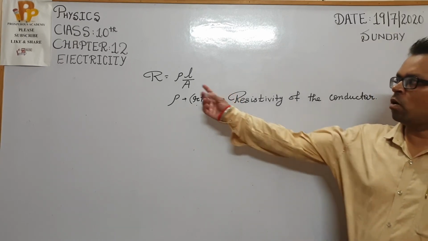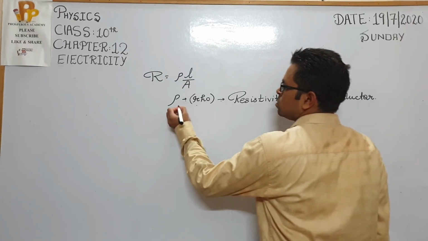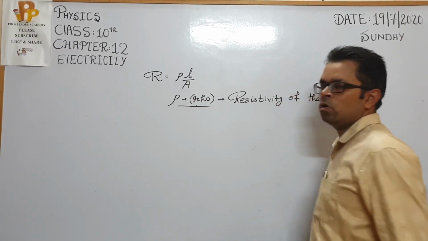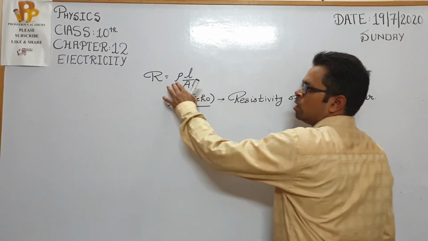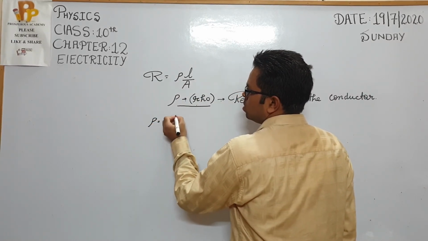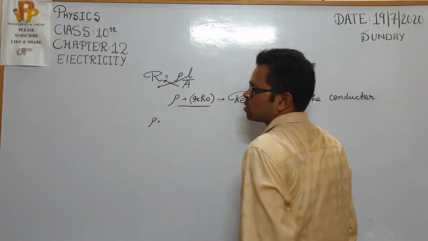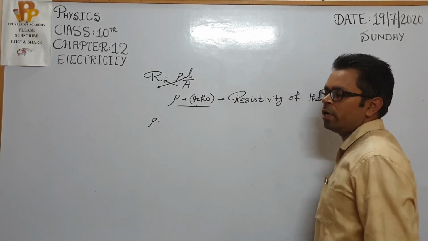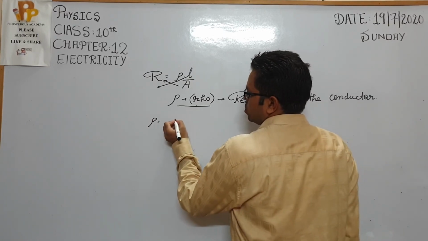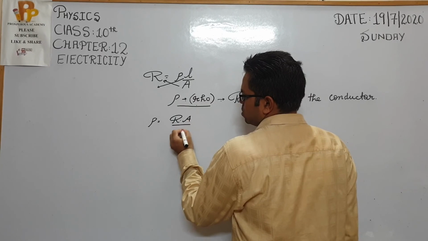First of all, बच्चे, from this formula you can find the unit of rho. From here you get rho is equal to, A move to this side, L move to bottom, और L denominator में आ जाएगा बच्चे. That is you get rho is equal to R into A upon L.